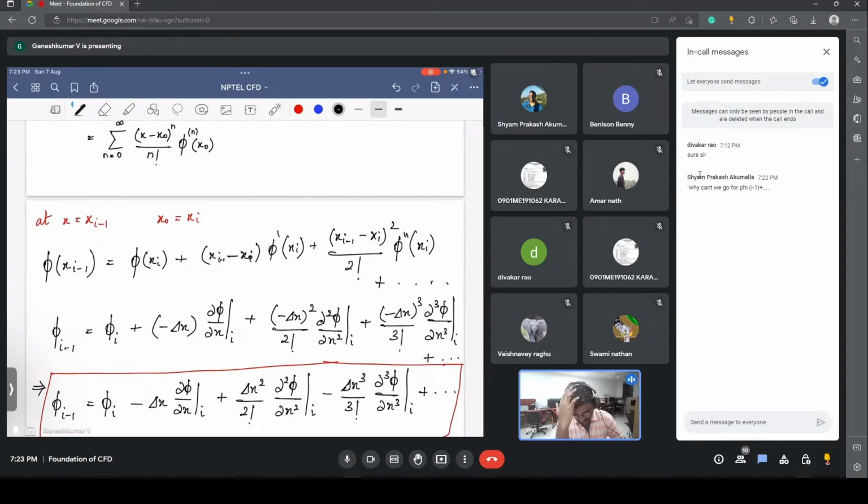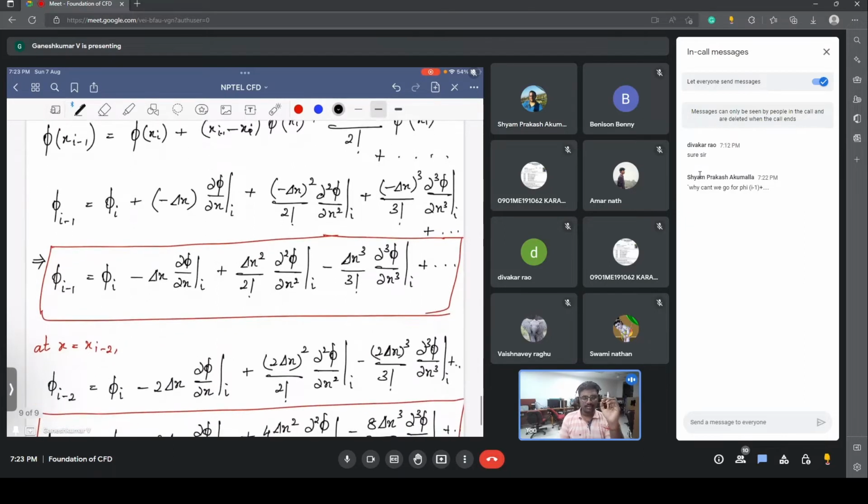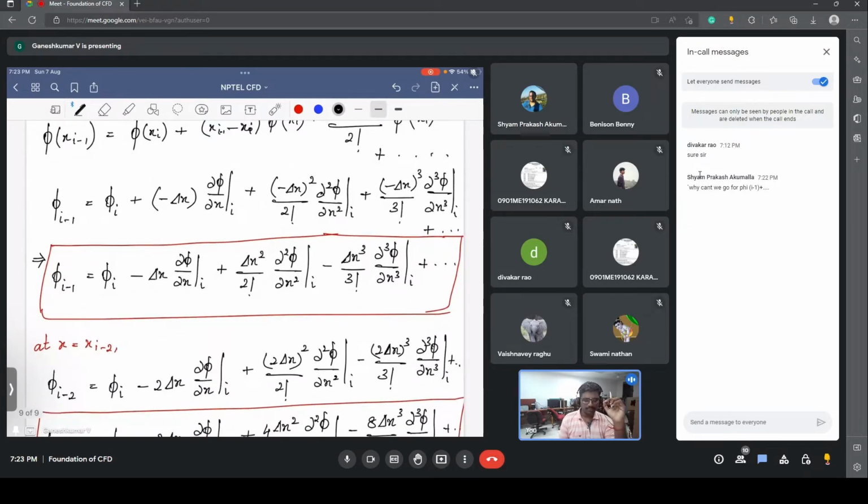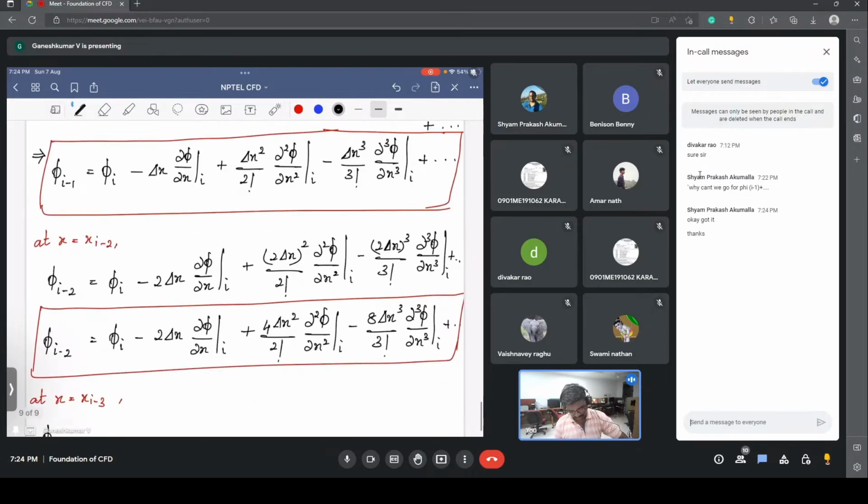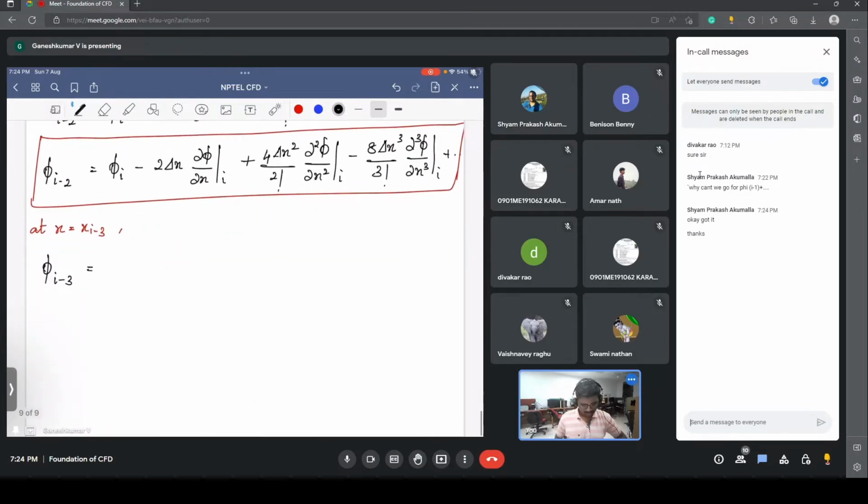If you take x naught equal to xi minus 1, then phi I minus 1 would be, yeah, you can do that. You can still go for that and you will end up with the same results. Try it as homework, or try to use it with phi I minus 1 and you will end up with the same results for sure.